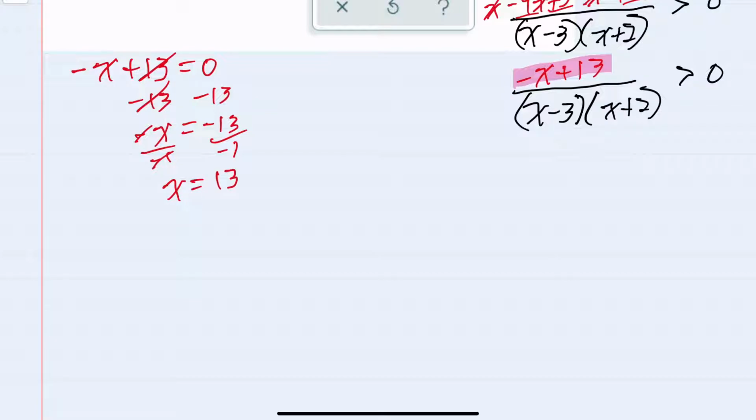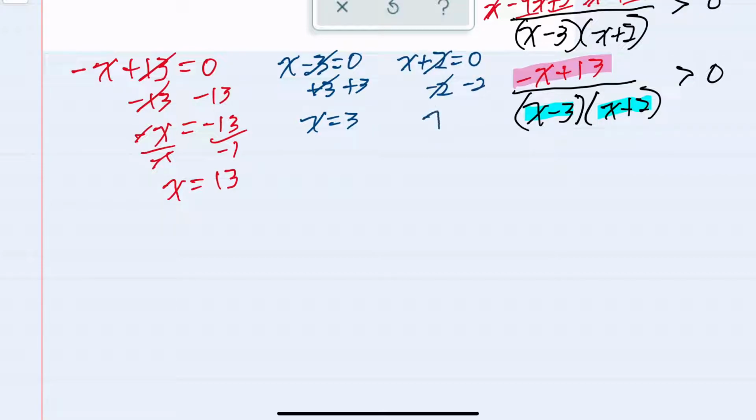And then I can look at the factors in the denominator to see where they're equal to 0. Starting with x minus 3 equal to 0, I could add the 3 over to the other side to have x equals 3. And then the other factor in the denominator, x plus 2, setting that equal to 0 and solving for x gives me an x equals negative 2.